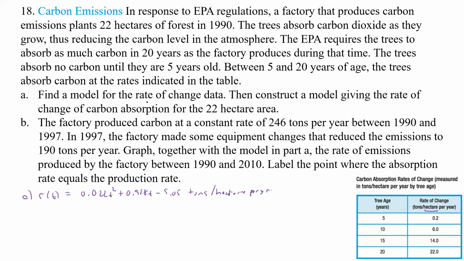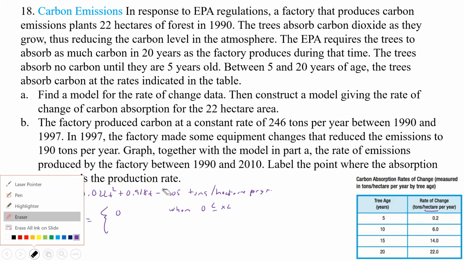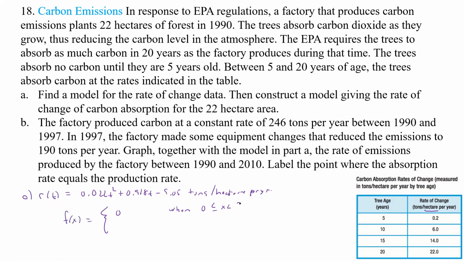So now we're supposed to find a model of carbon absorption. So between 0 and 5, there was none. So what we can do is, let's say we have an f of x equals 0 when 0 is less than or equal to x less than 5.